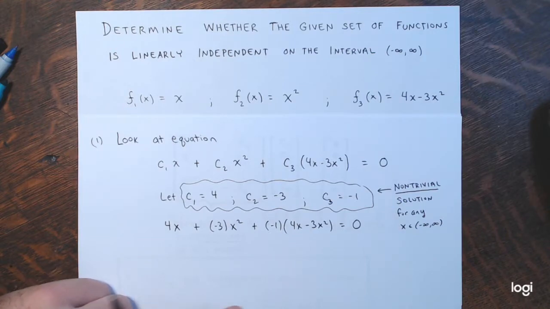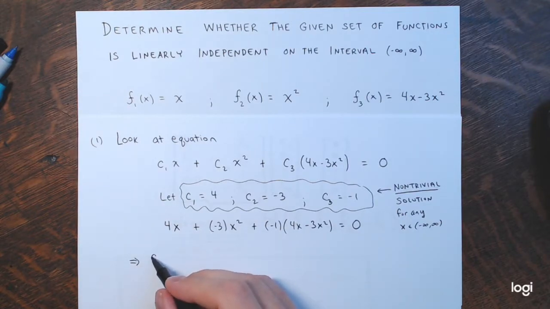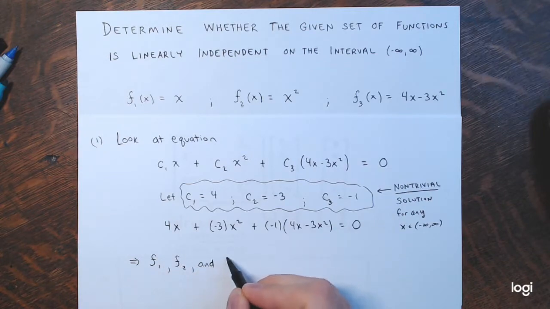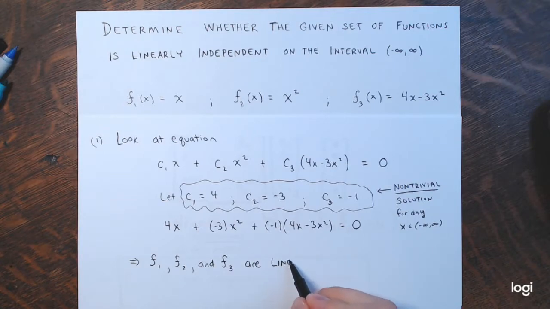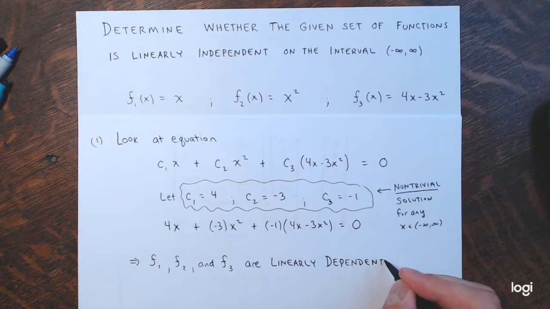So because we could find a non-trivial solution, then definitely these functions f1, f2, and f3 are linearly dependent. They're not independent because I could find non-trivial solutions to this. So they're linearly dependent.